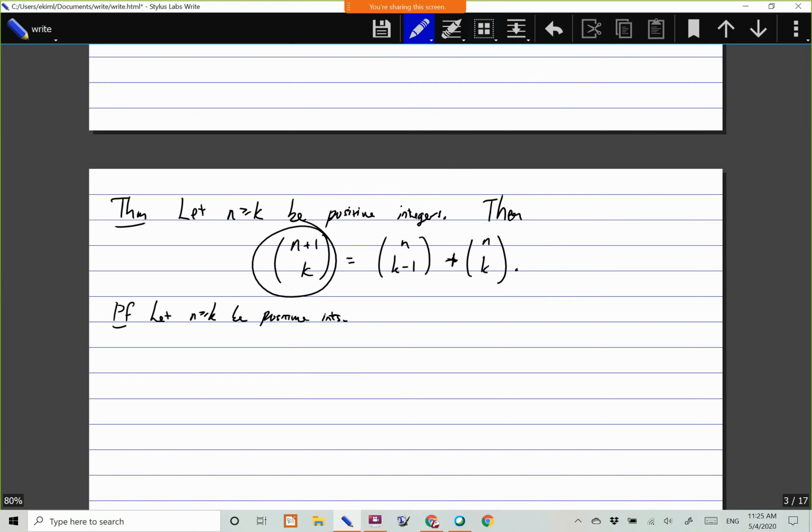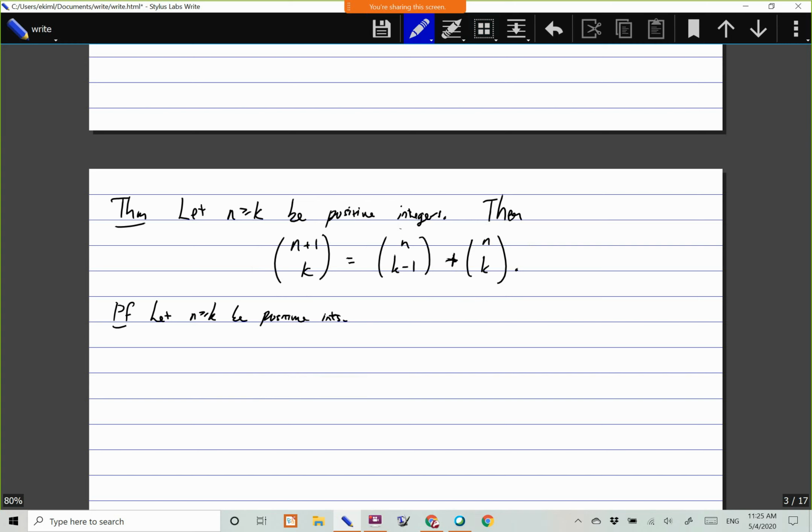So here there's this idea of choosing k things when there's a menu of n plus 1 things to choose from. And on the other side, there's choosing k minus 1 things versus choosing k things, starting with n things, and there's a plus sign, so probably a sum rule thing going on. These are already the thoughts going through my head in designing a relevant counting question.